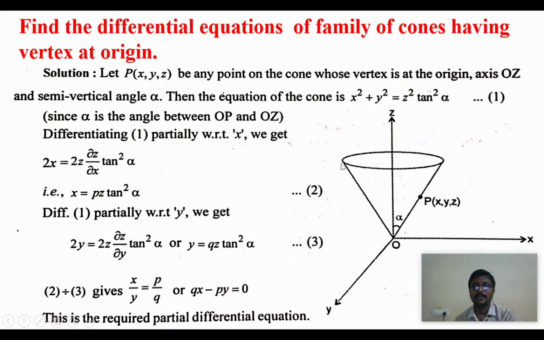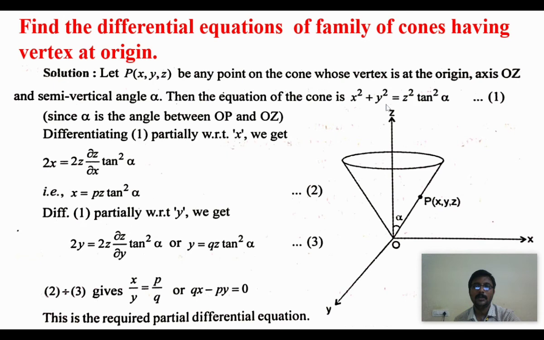Clearly you can show this on the figure: alpha is the angle here, and it is a cone whose vertex is the origin, with axis OZ and semi-vertical angle alpha. The equation of the cone is x square plus y square equals z square tan square alpha, which represents the family of cones having vertex at origin.